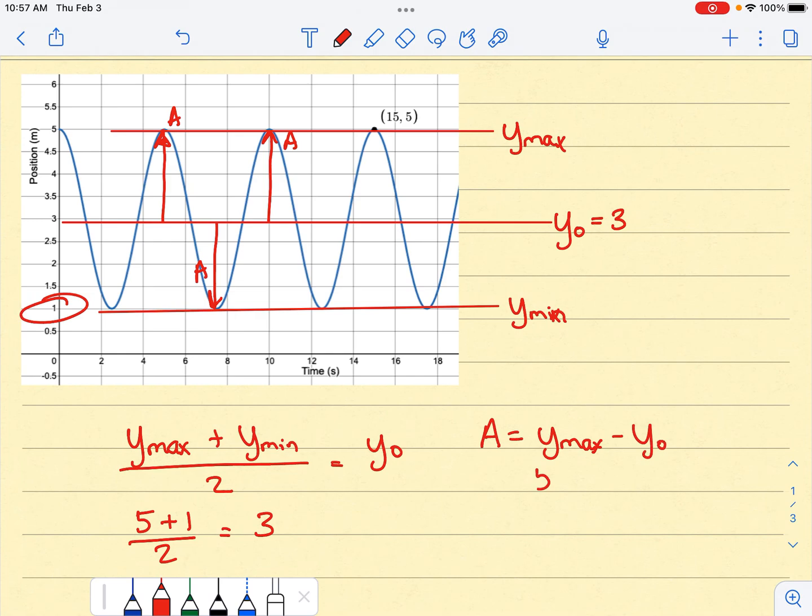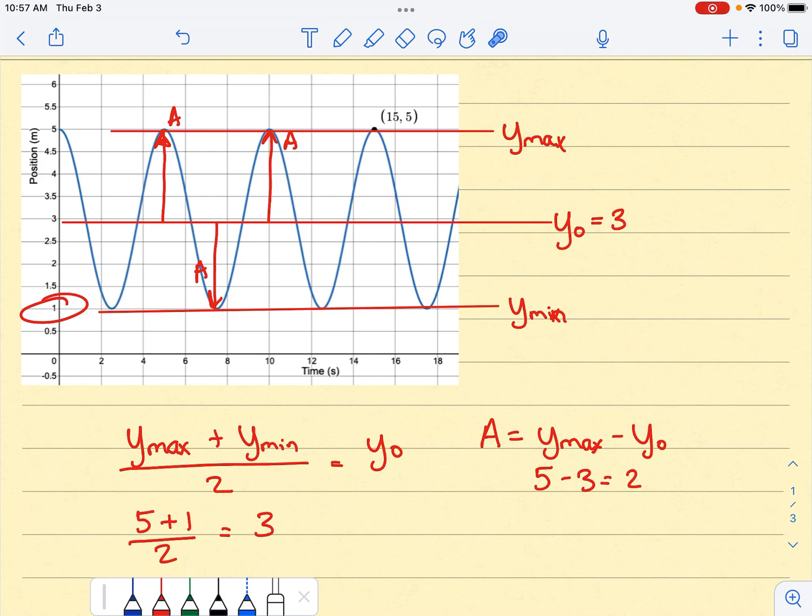In our case, that is 5 minus 3, or 2. And again, that's pretty easy on this graph to tell that the amplitude is 2, because the graph goes from 3, the equilibrium, all the way up to 5, and it goes from 3 down to 1. So we can calculate the amplitude.